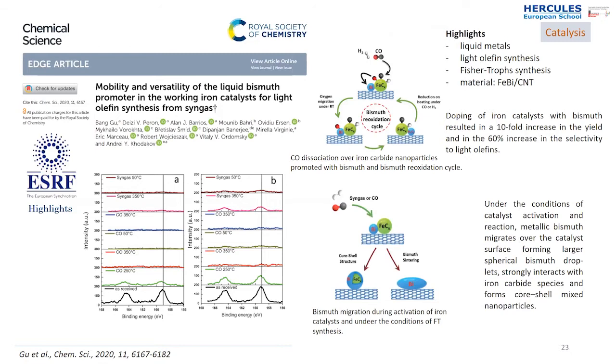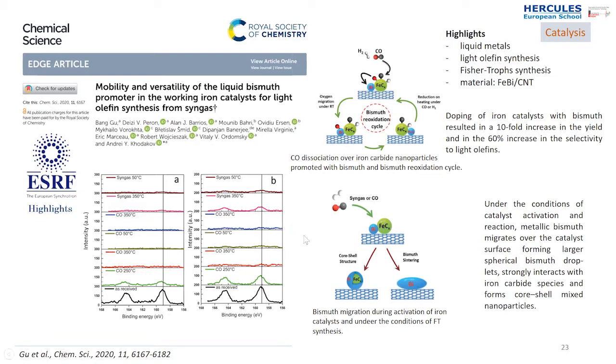Another example is again from catalysis. It's about liquid metals, which in this case is bismuth, and combined with an iron catalyst, it could be used for so-called light olefin synthesis using the Fischer-Tropsch reaction.